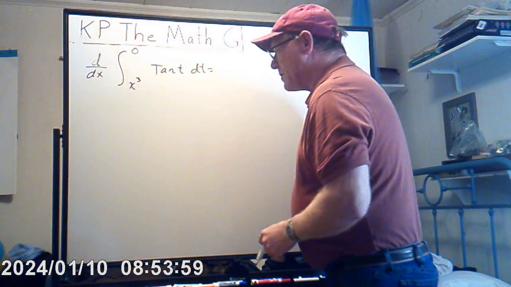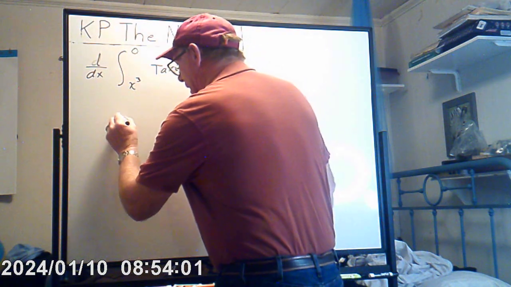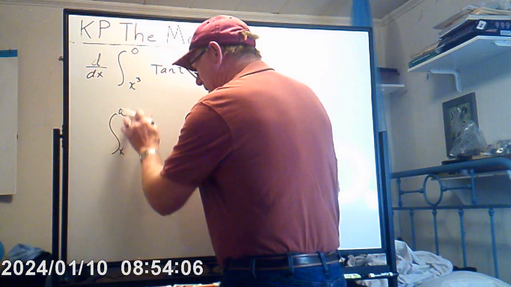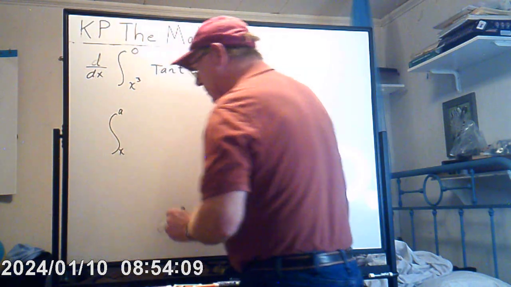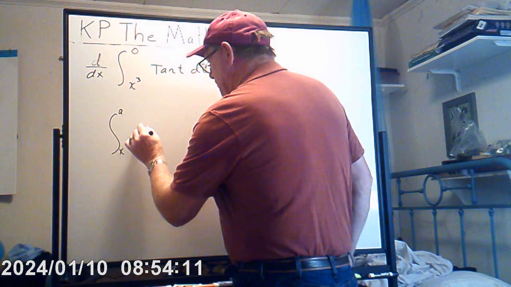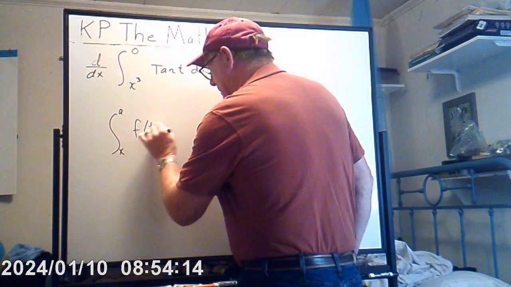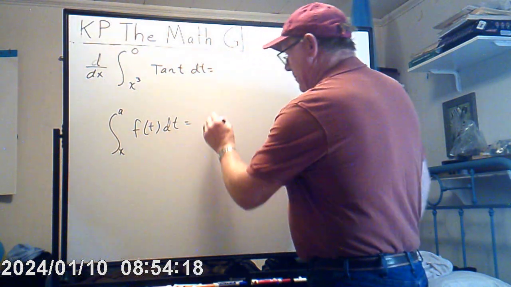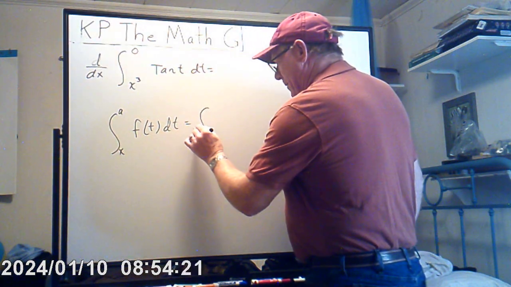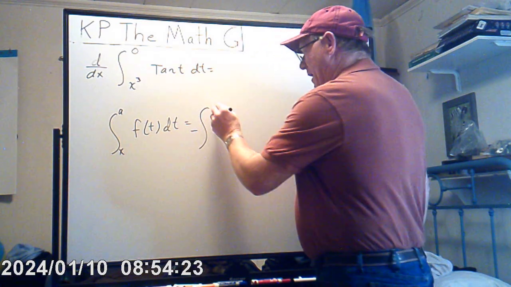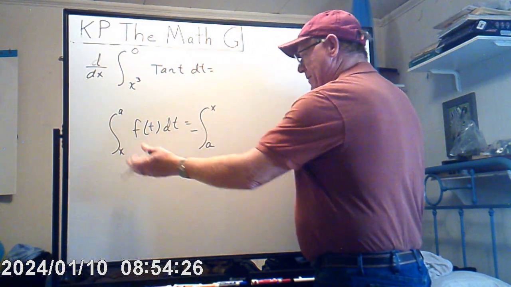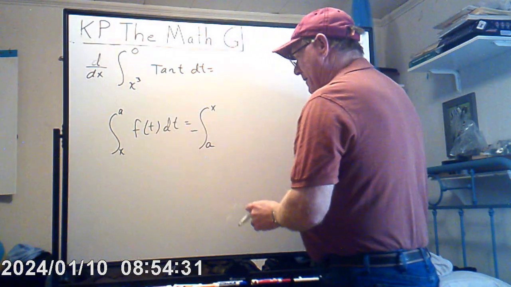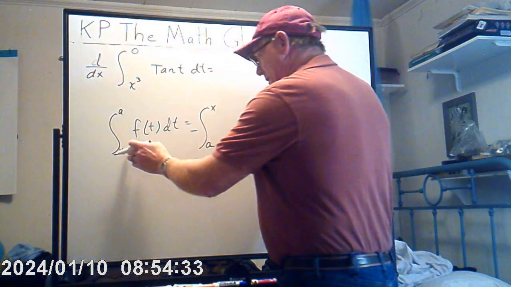There is a rule that if you have the integral from a to x, where a is a number and x is a variable, of alpha t dt, then you've got to flip it over, but you put a negative sign in front, and that flips the limits, from x to a.